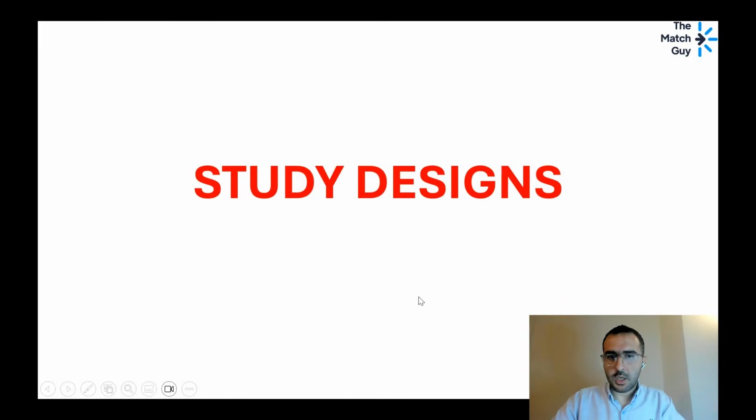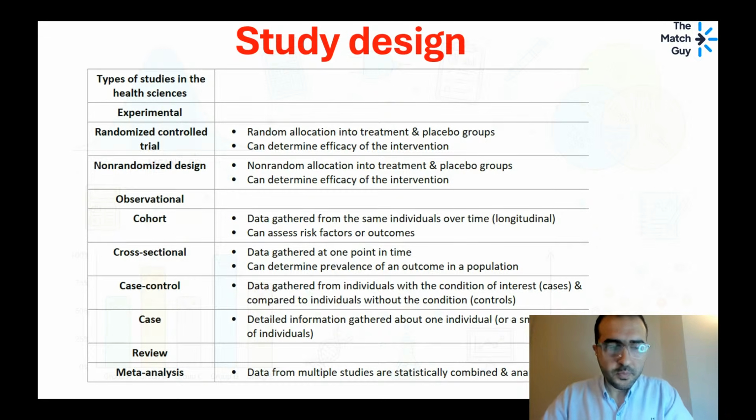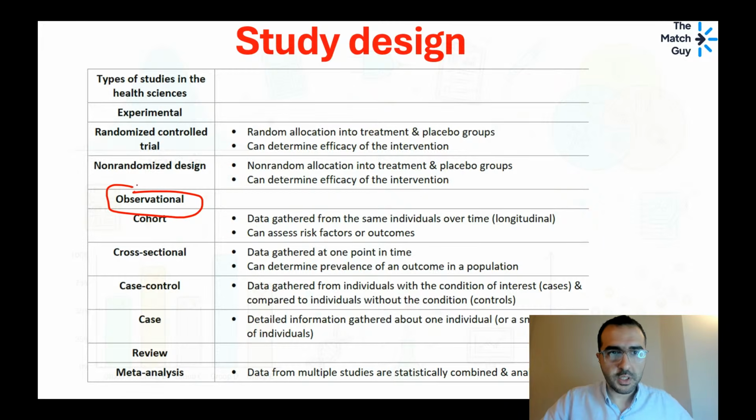Okay, so as you see here, we have study designs. First of all, we have different types of study designs. We have the observational studies and we have the experimental studies. Regarding the observational studies, we have cohort study, cross-sectional, case control studies. We have case series and case report.